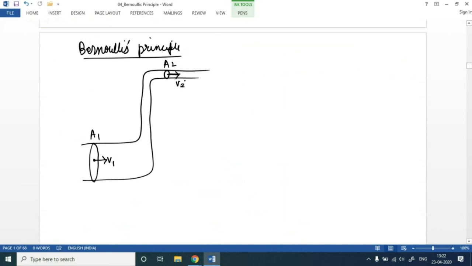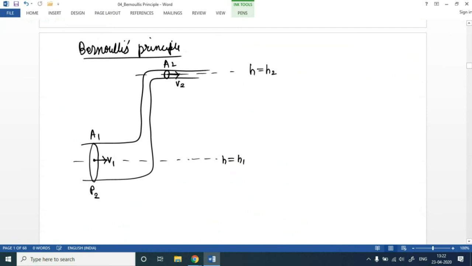And other assumptions are also valid over here, like flow is going to be incompressible, homogeneous, and non-viscous, you must say. And apart from that, let's say this is in a vertical plane. So this cross section is at height h is equal to h1, and this cross section is at height h is equal to h2. Let's also put the pressure condition.